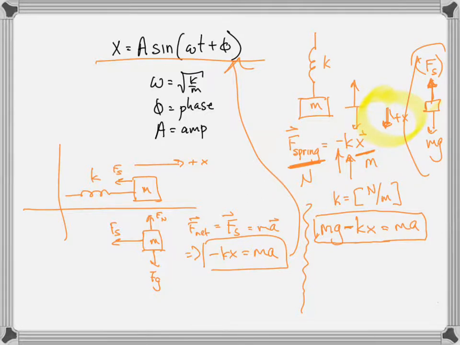So, the question is whether x is the distance from what we call the unstretched position, which indeed it is for the horizontal spring, because gravity isn't there to stretch it, or is x the distance from the stretched position, the new position given by the fact that gravity is changing the equilibrium position?